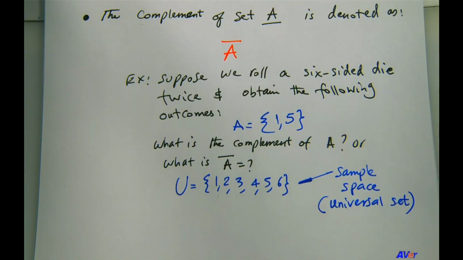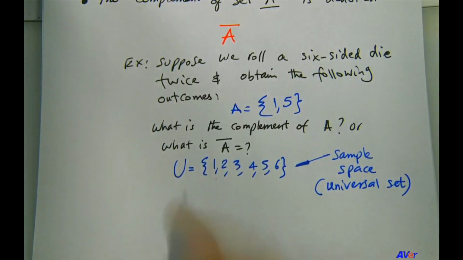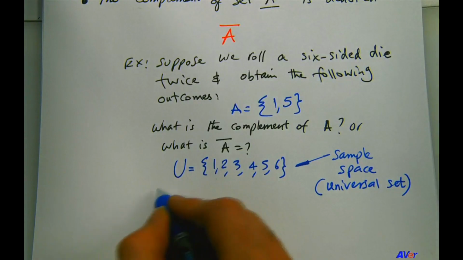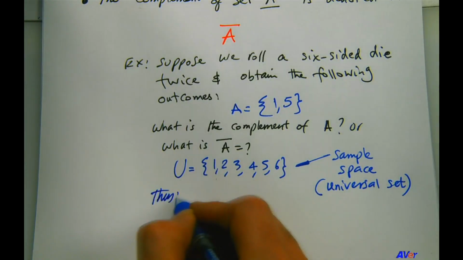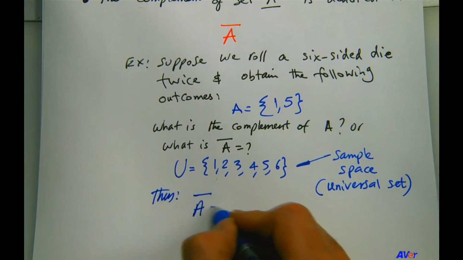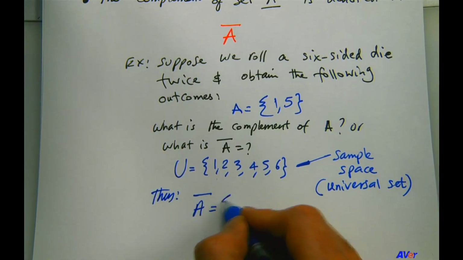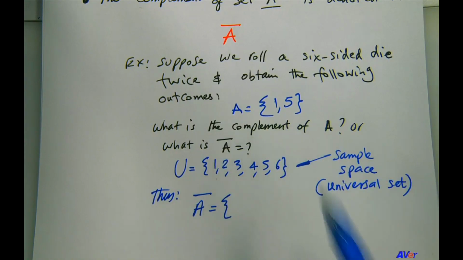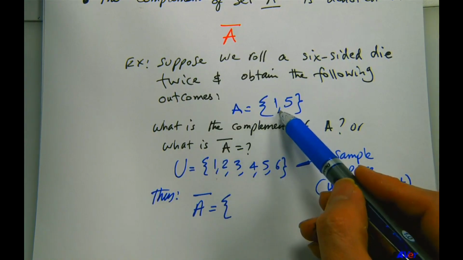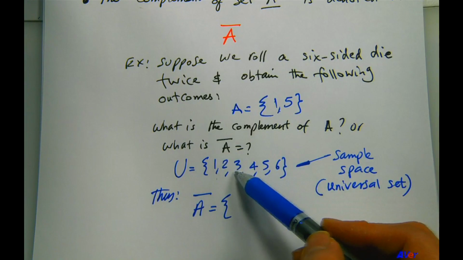So thus A complement or A bar is anything that is not part of A but part of the sample space.